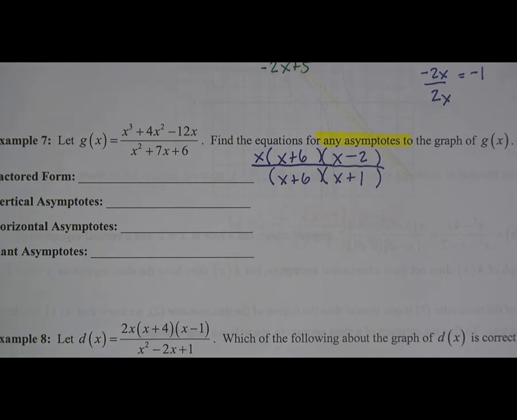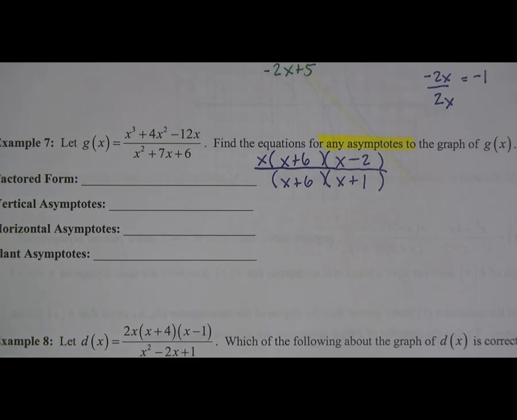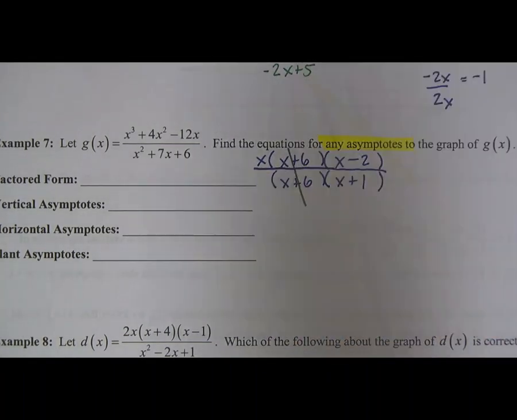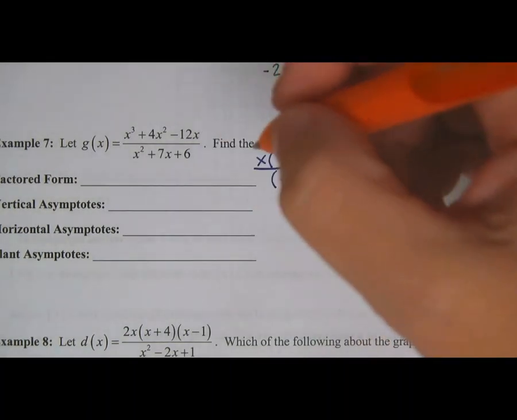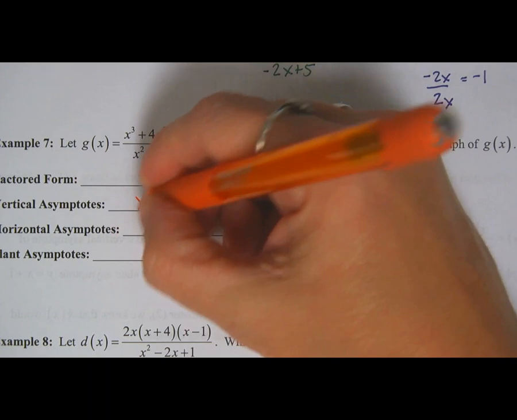Vertical asymptotes. Are there any, and if so, where are they? Negative 6 is not going to give a vertical asymptote. I was actually going to ask that in a minute. Why not? Yeah, it's going to cancel out. So there is a vertical asymptote, but just one at -1.